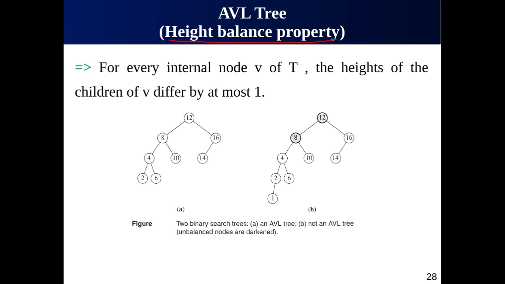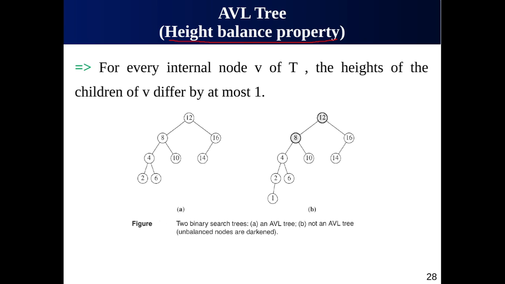Any binary search tree that satisfies this height balance property is known as an AVL tree. So you can see the example given in A satisfies the height balance property. So that is an example of an AVL tree.